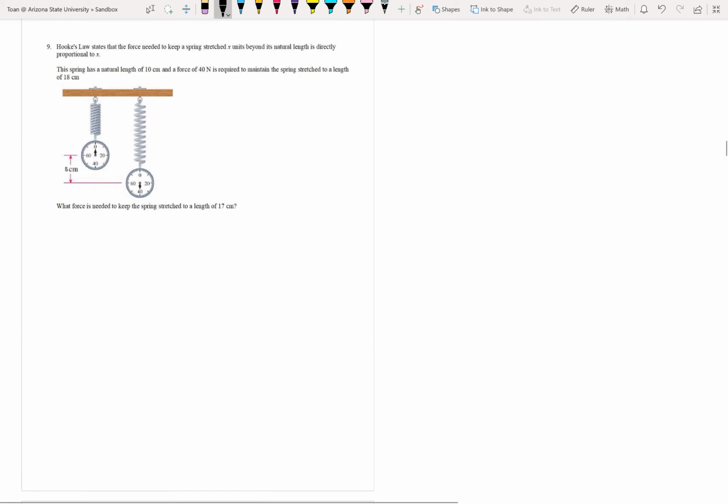Number 9 is a proportional problem, and just remember that the key words to look for are directly proportional and inversely proportional. If you have something that is directly, they can use proportional or varies, but the key word there is directly. The way you set it up is put those two variables on the same level of the equation.